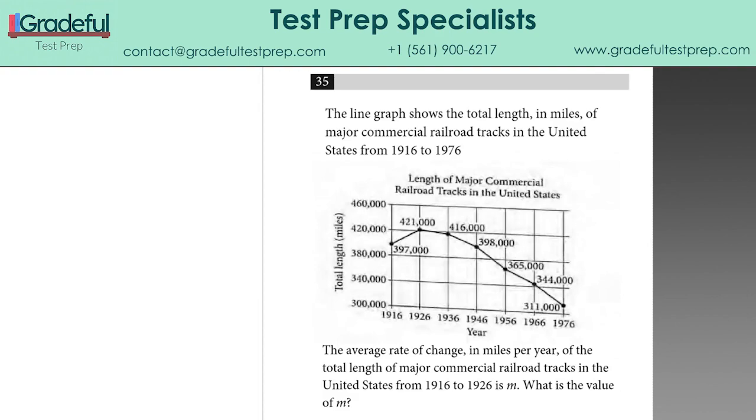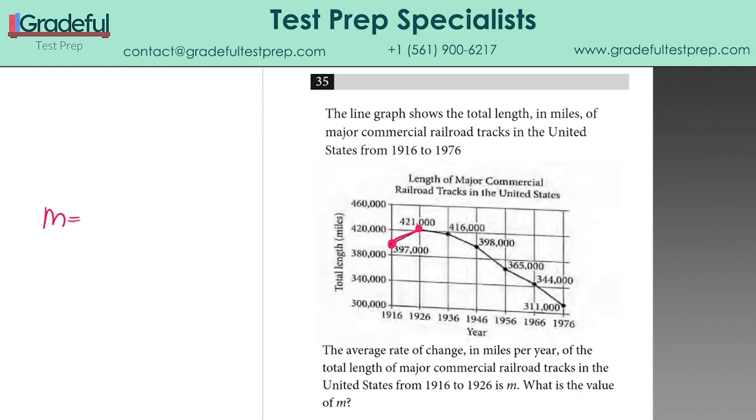Question 35, believe it or not, is asking us for a slope, maybe you can think of it as a line of best fit, because they're asking about the average rate of change from 1916 to 1926, and that's just this portion of the line.